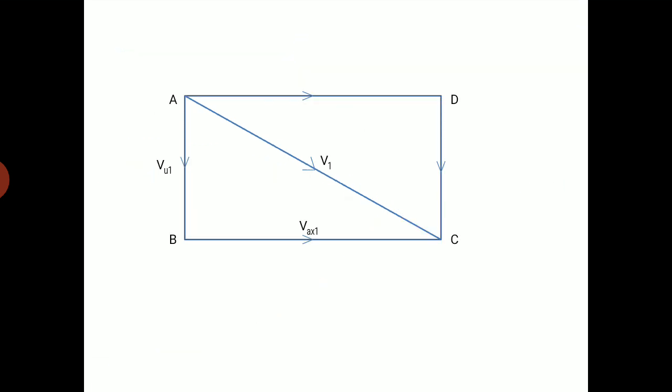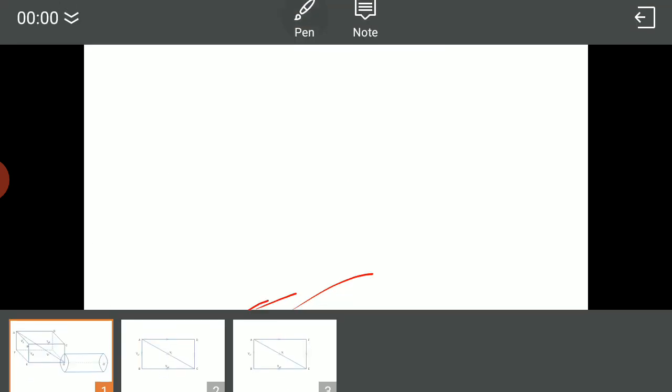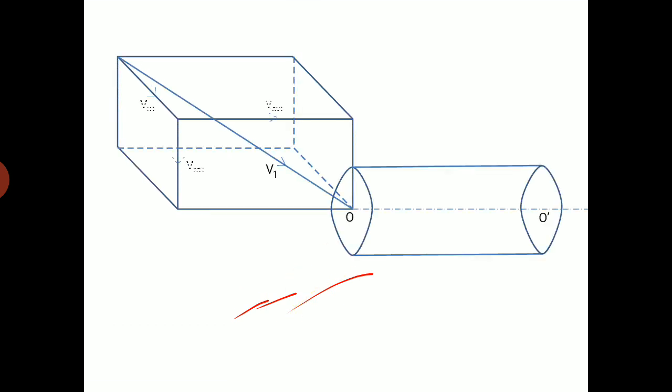Now here we have considered ABCD. If you check the previous slide, this ABCD is a face, so you have taken it there. So AB is V1, BC is Vx1.